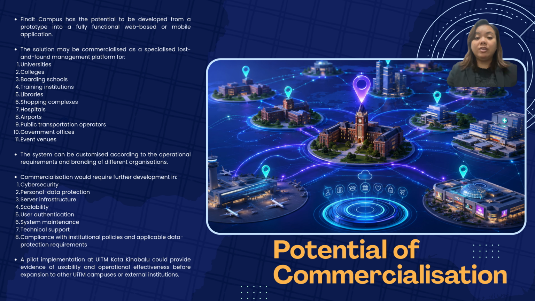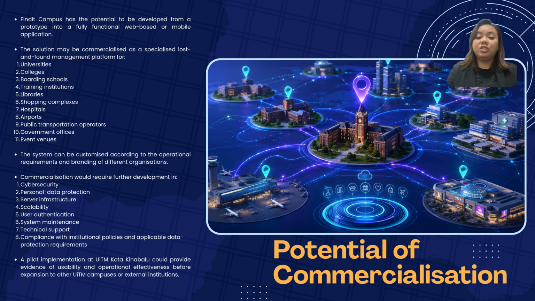This is because lost and found management is not only a university issue. Many organizations also face similar problems where items are lost, found, stored, claimed, and returned. The system can also be customized based on the operational requirements and branding of different organizations. For example, a university may need student verification, while a shopping complex may need customer service verification.